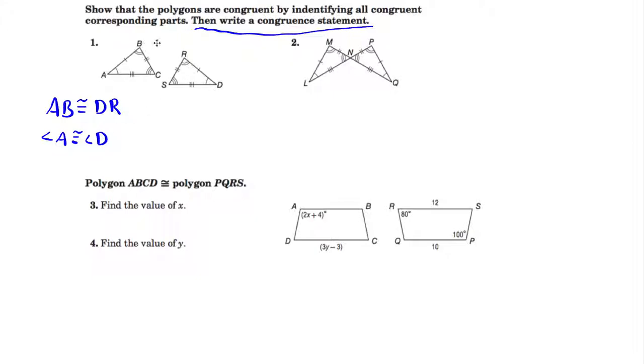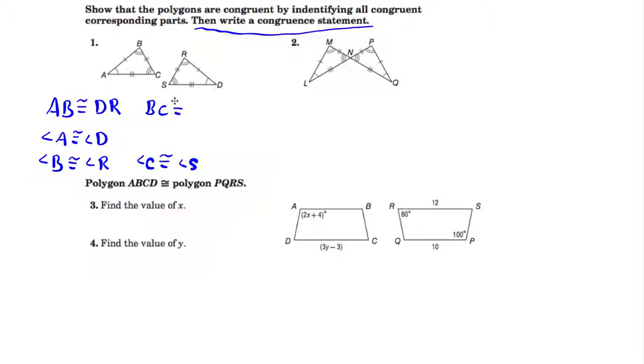Which other angles are congruent? Well, angle B is congruent to angle R. And then we can also say that angle C is congruent to angle S. So looking at the other sides, I see BC.